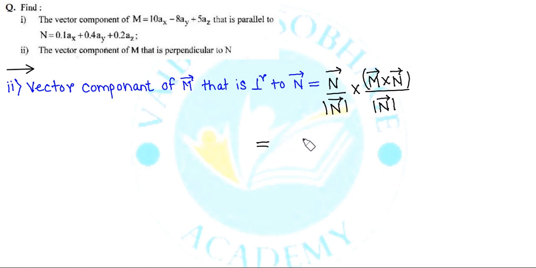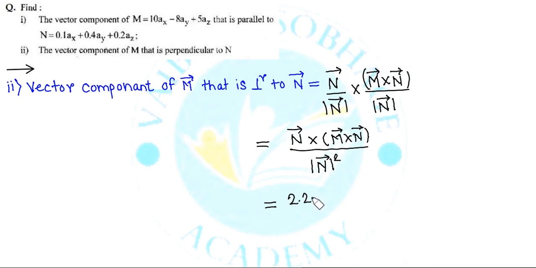So we have n cross m cross n, which equals, I'm just rewriting it for you, n cross m cross n divided by the square of n. Now, what is that n cross m cross n that we found in the previous slide?